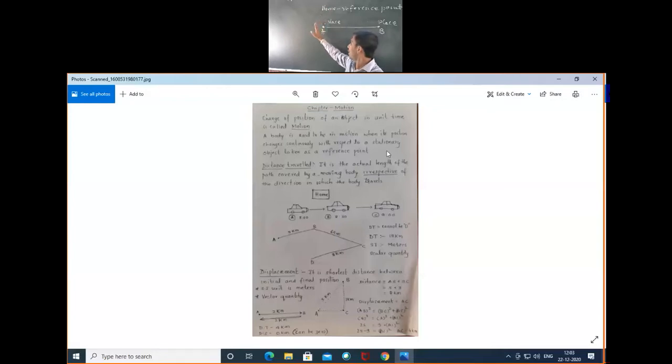From place A I am moving to place B. You think that place B is a school, 100 meters from your home. So home is a reference point. From there I am moving. How much time am I taking? And this becomes a reference point for me. Is it clear? Write it down.